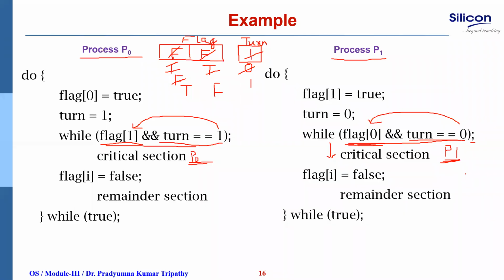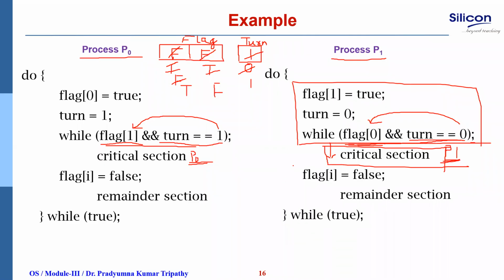So here we have three sections. One is the critical section. We have an entry section. In the entry section, it will do this before entering, and while coming out, it must do this.